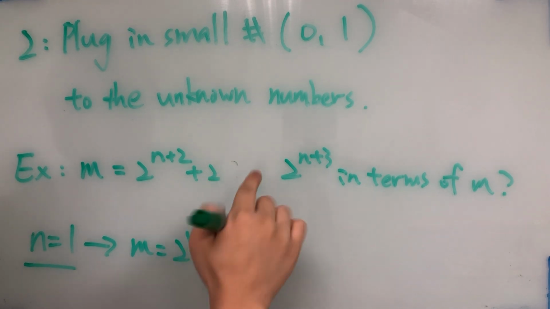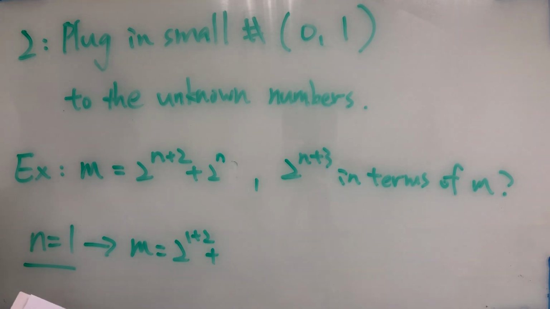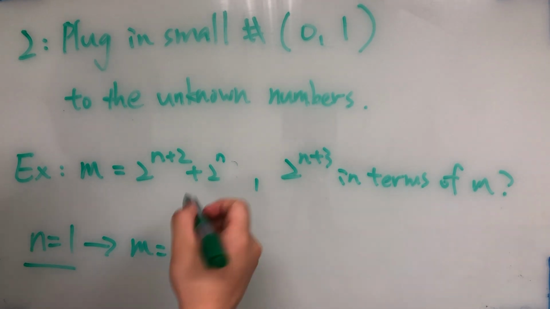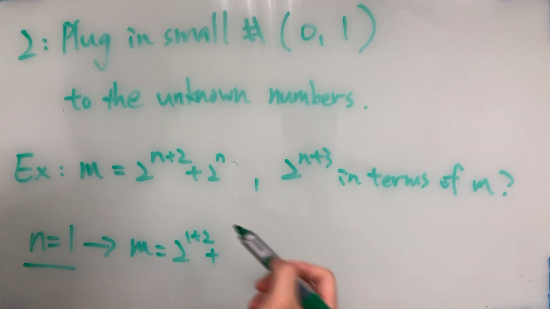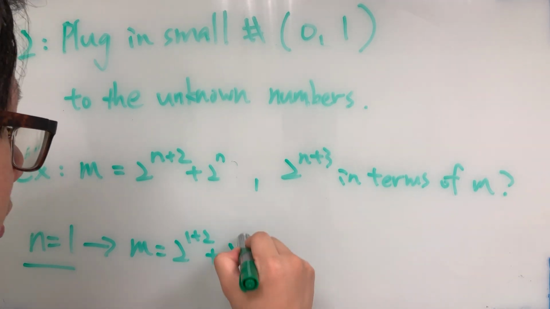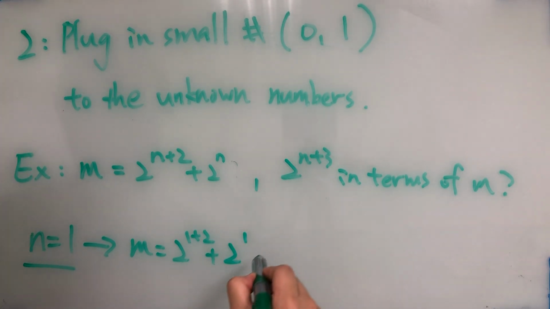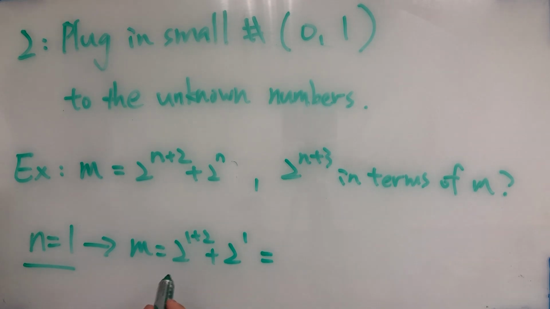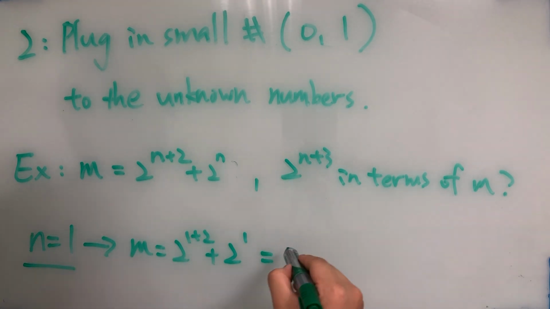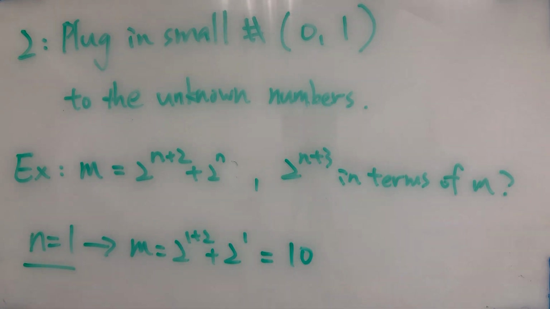Oh, sorry, I was wrong. It's not 2n, it's 2 to the power of n. Sorry, that's my bad. And m would be 10, right? If n is 1, then m, based on our math here, would be 10.